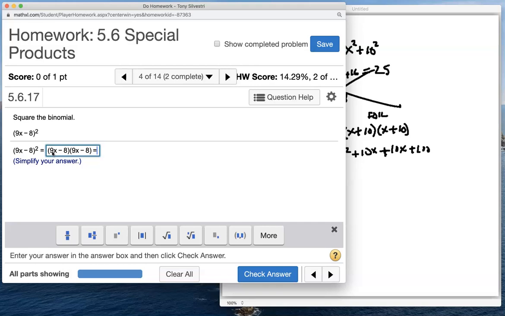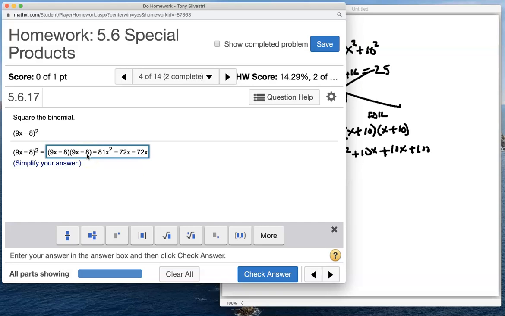So if I do 9x times 9x, the first terms, I get 81x squared. And then I'm going to have the outer term, 9x times 8 is 72. That's a minus 72, excuse me. Oh, I made a mistake there. Okay, minus 72x. 9x times a minus 8. Then we have a minus 8 times 9x, which is another minus 72x.